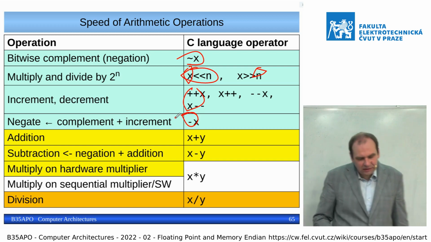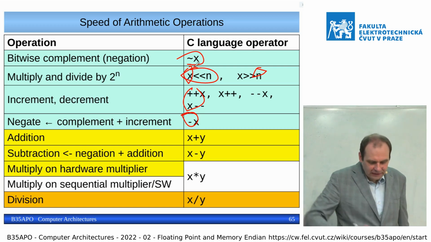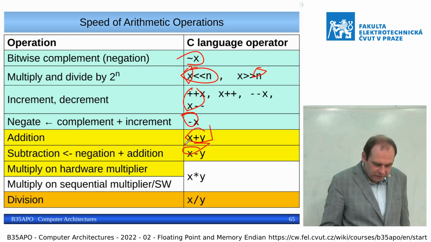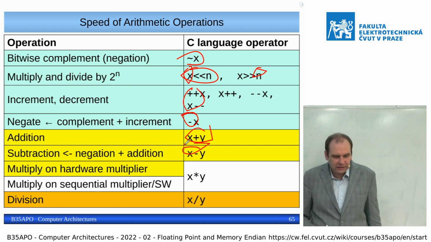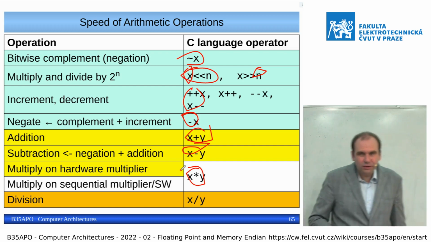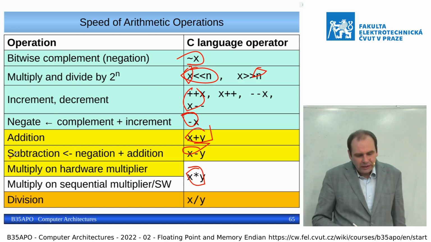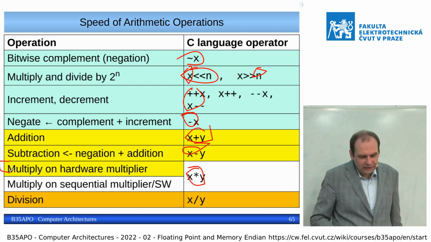Negate is even a little more complex because we need to negate bits and add the 1. Then is addition, subtraction, which are of similar complexity.